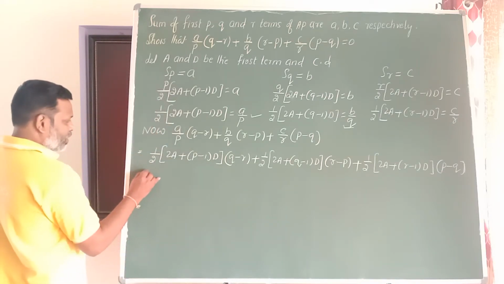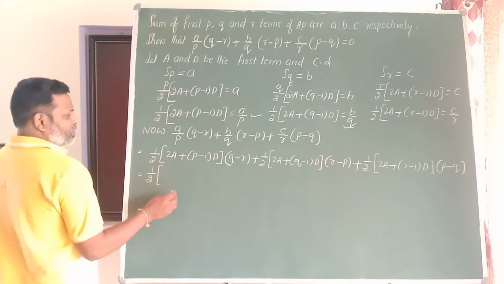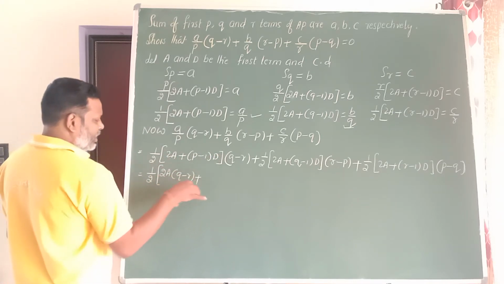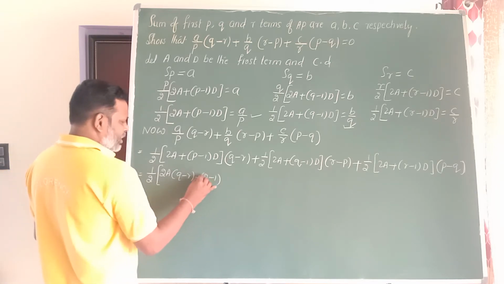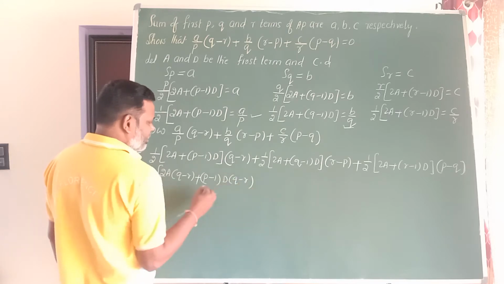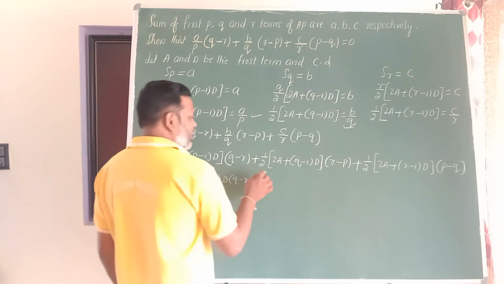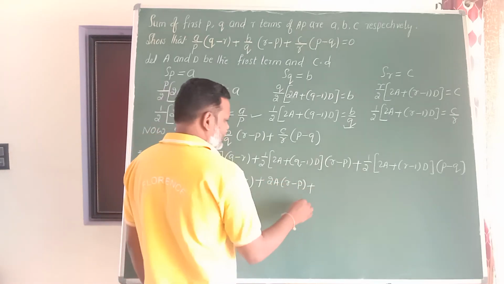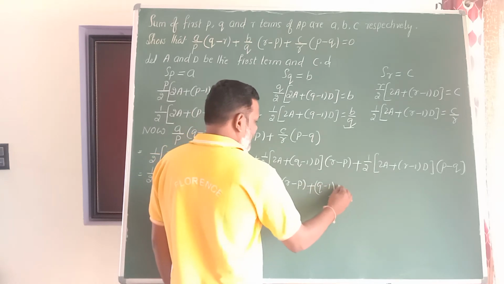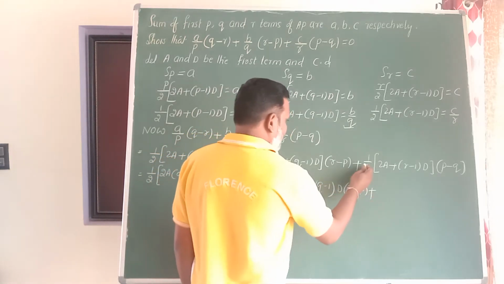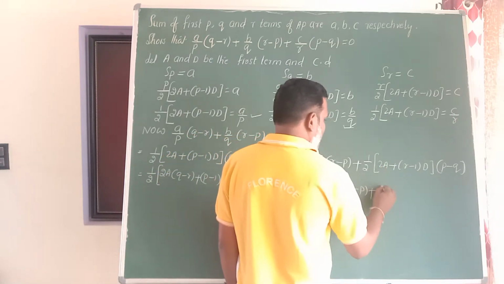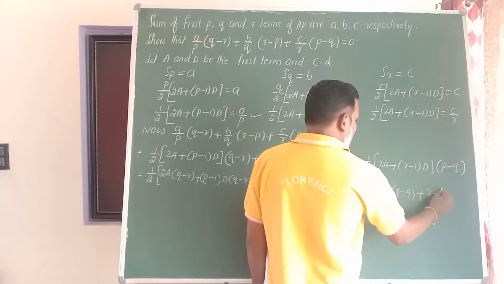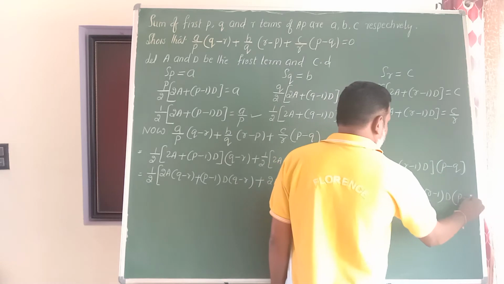Now just multiply this: 1 by 2 times of (2a into (q minus r) plus (p minus 1) into d into (q minus r)), plus 1 by 2 already taken out, 2a into (r minus p) plus (q minus 1) into d into (r minus p), plus 1 by 2 already taken out, so then 2a into (p minus q) plus (r minus 1) into d into (p minus q).